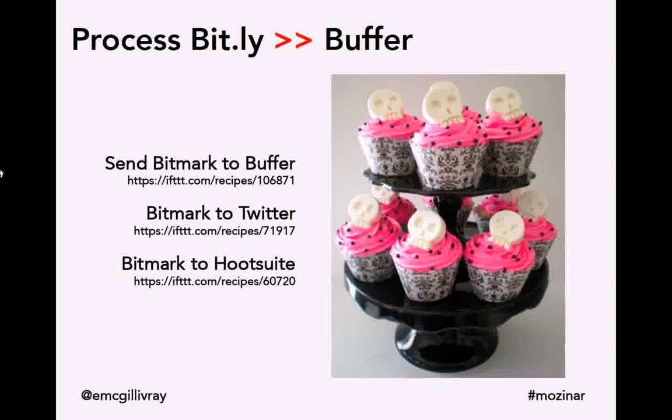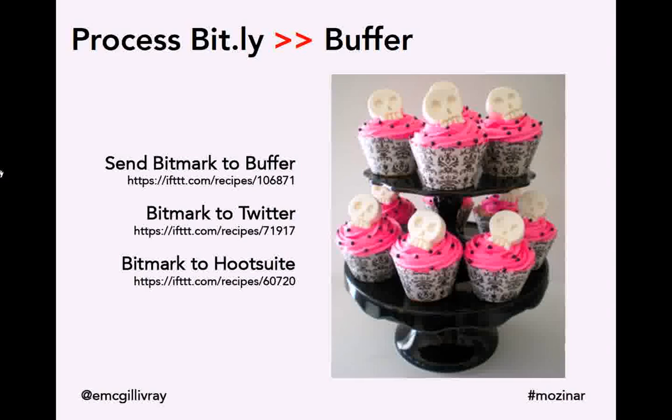I put the cupcakes here because it's kind of like a recipe. You do one trigger, which sets another trigger, which sets another trigger. So I have the little Bitmark extension on my browser that you guys can add to Firefox or Chrome.